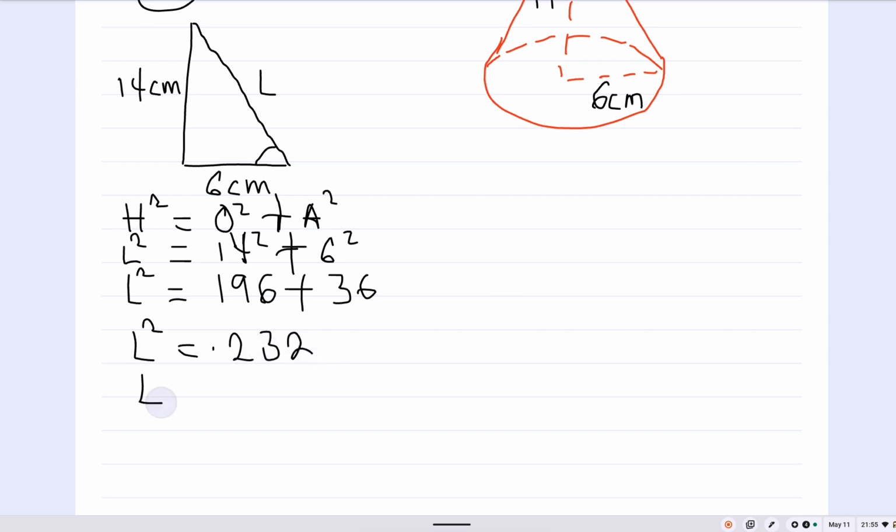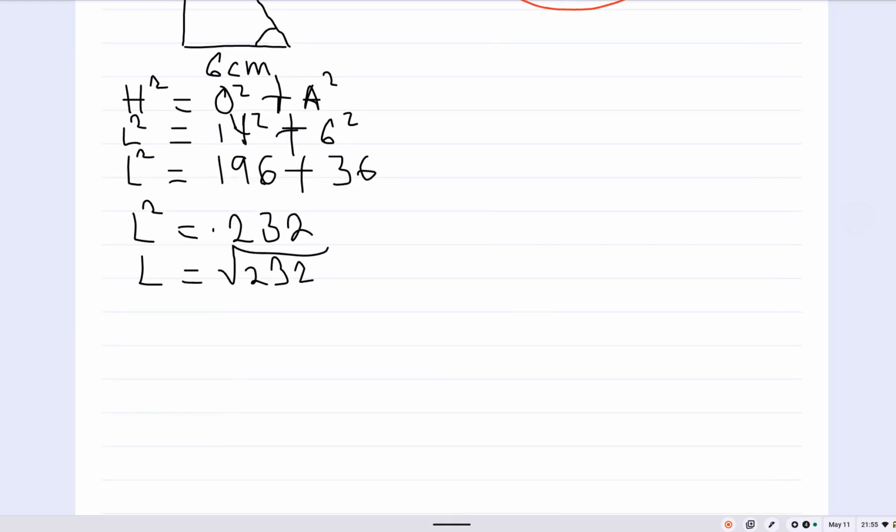And then our L will be the square root of 232. If you do the square root of 232, that will give us 15.232 centimeter.